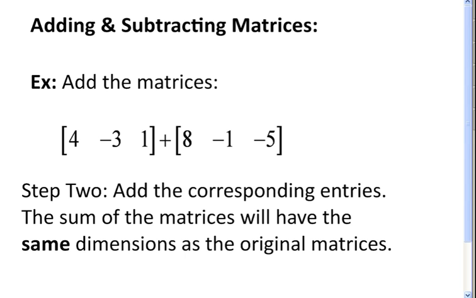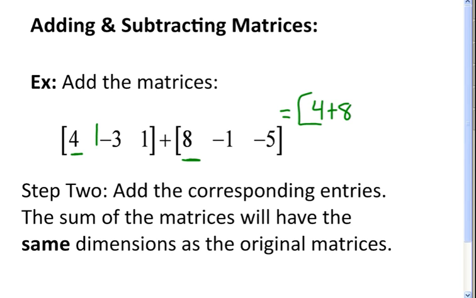You take the first number with the first number in the other matrix. So now we have 4 plus 8. When you do this, the final matrix will have the same dimensions.